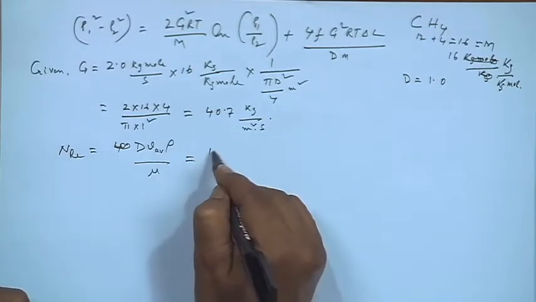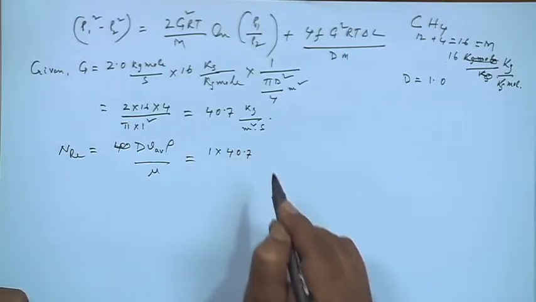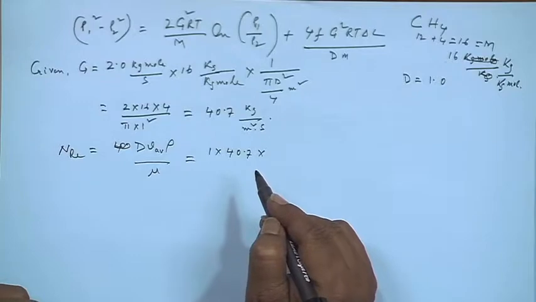D is given as 1, v average ρ we have, and the viscosity of methane is this much, right.